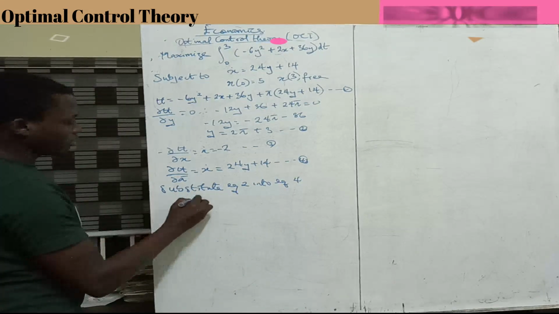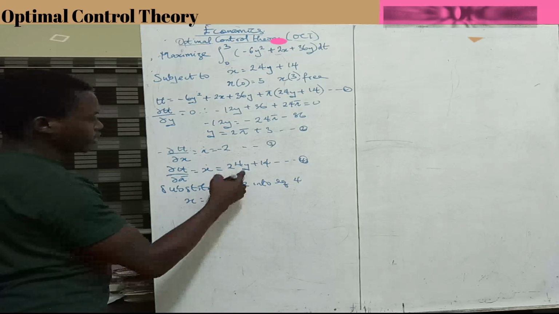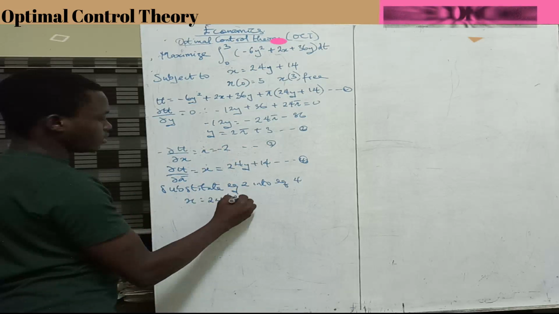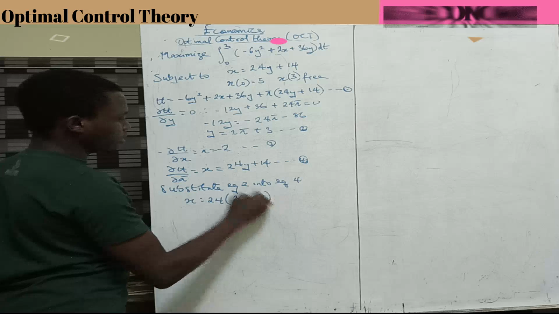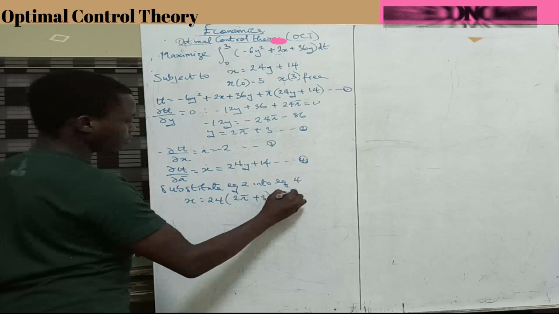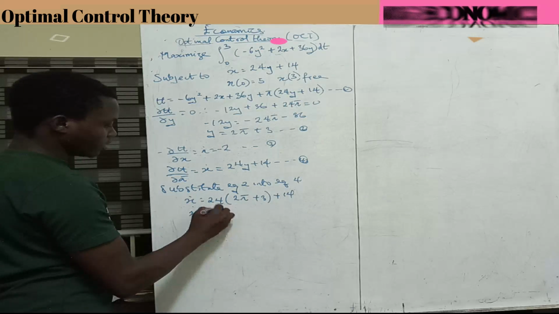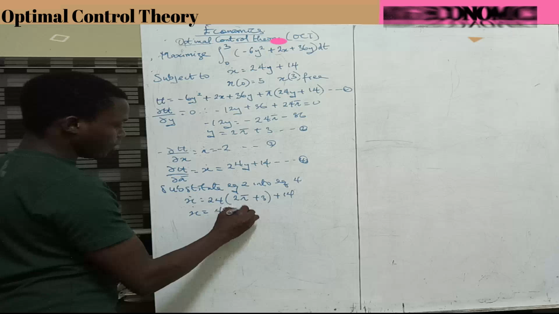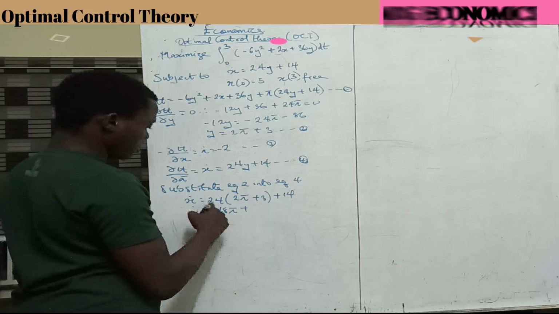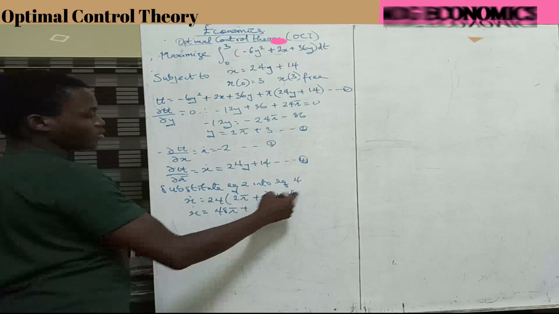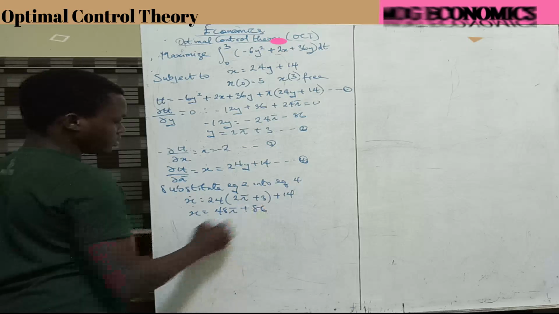So x dot equals 24 into bracket y, all of this, 2 lambda plus 3. Don't forget plus 14. So x dot is 24 times 2 is 48 lambda plus 72, 72 plus 14, that's 86.